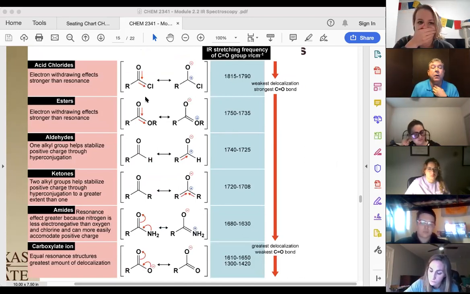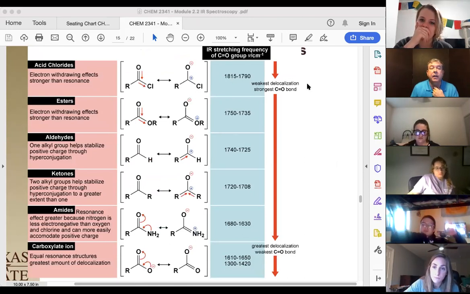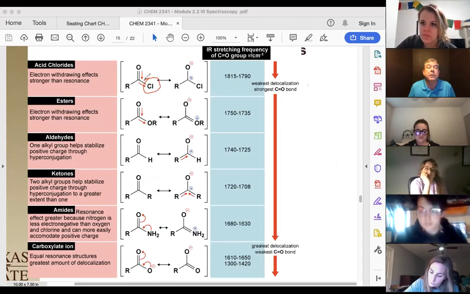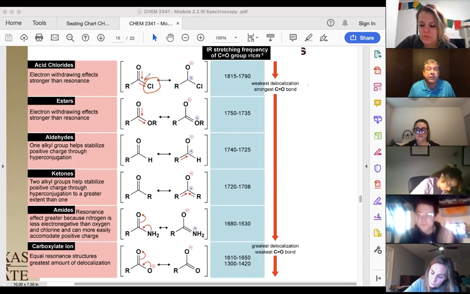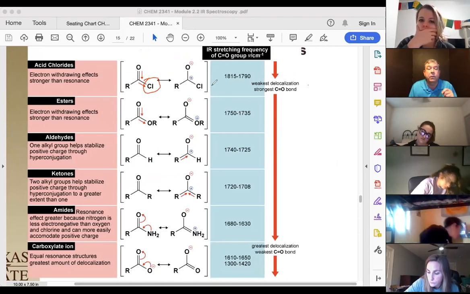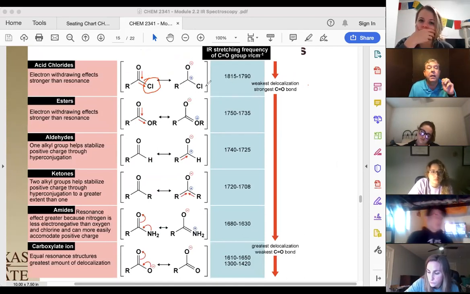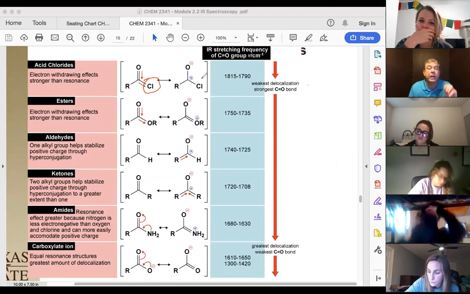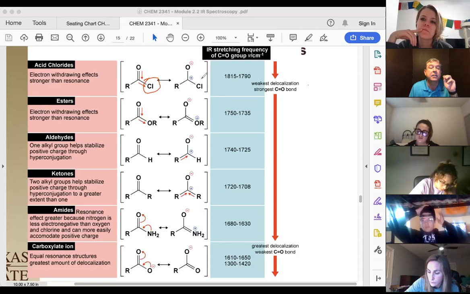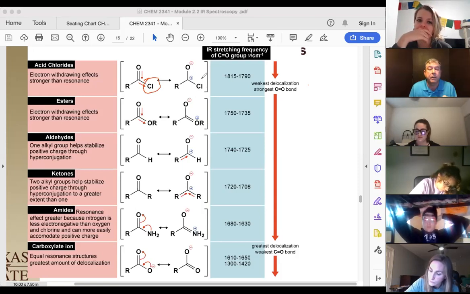The highest frequency is with the strongest electron withdrawing group right here. Chlorine is our strongest electron withdrawing group because it has our highest electronegativity. It's going to change the nature of the bonds and have the weakest delocalization, which means it has the strongest carbonyl bond.